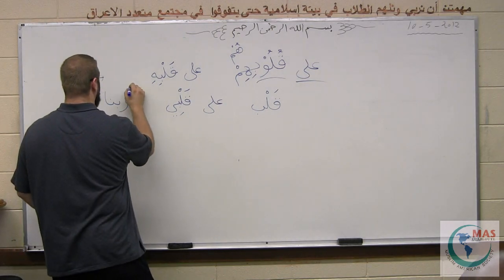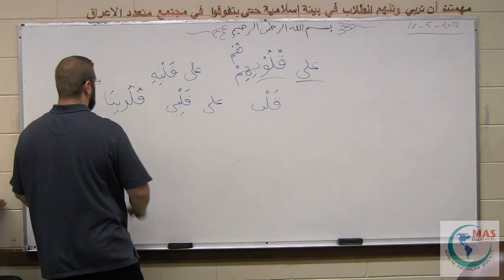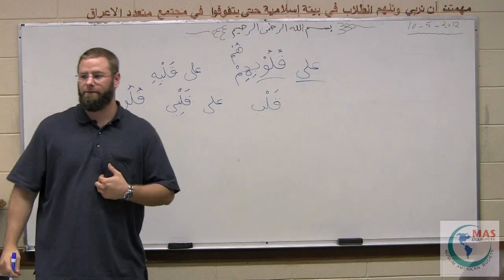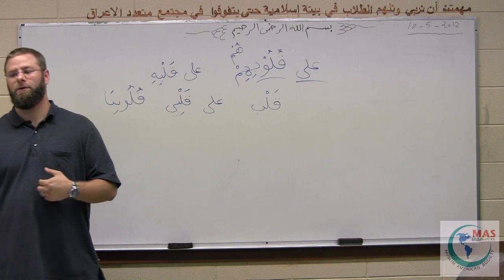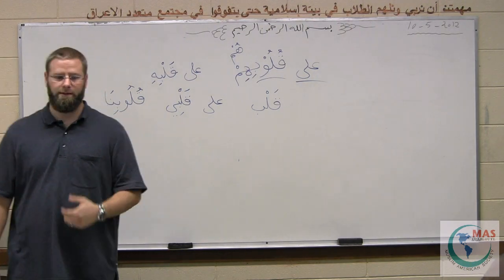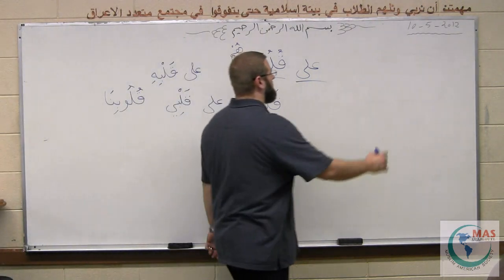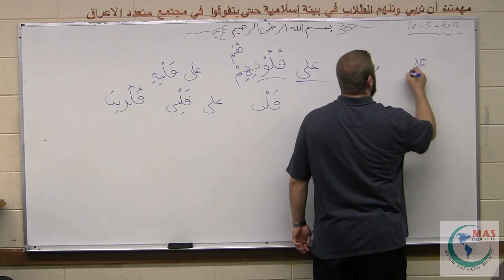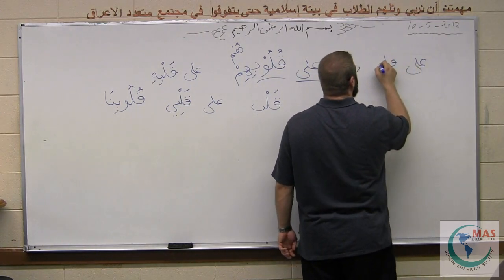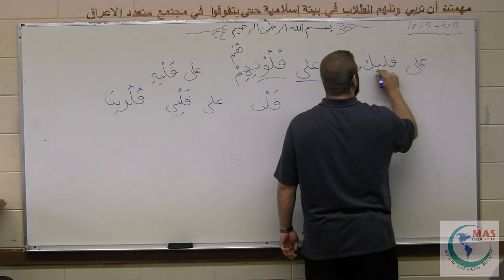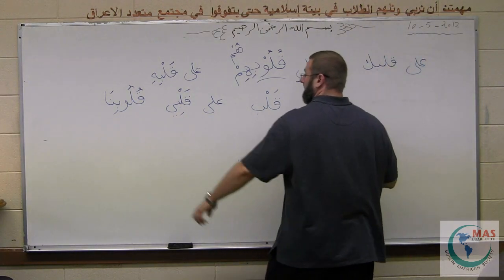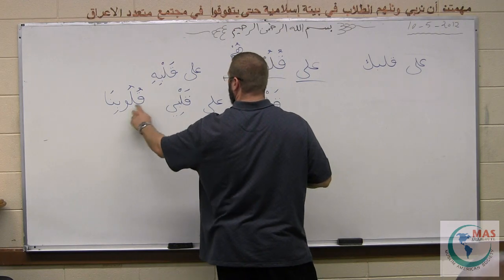Qulubina. So what is qulubina? Our hearts. Ala qulubina. Right? Say ala qalbika. That's our hearts. Is it? Yeah, our hearts. This is plural.